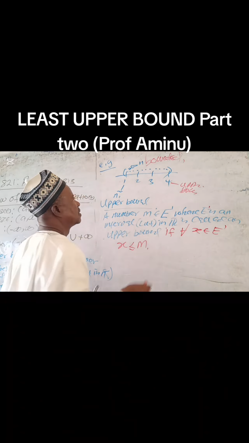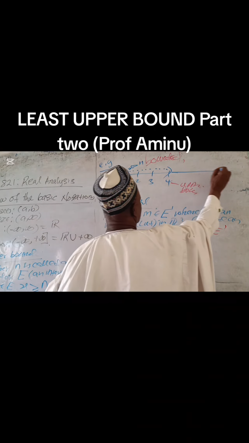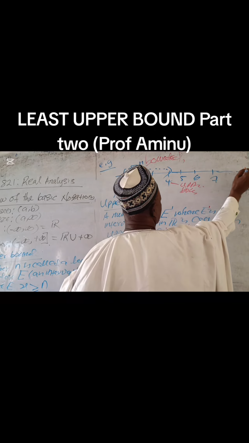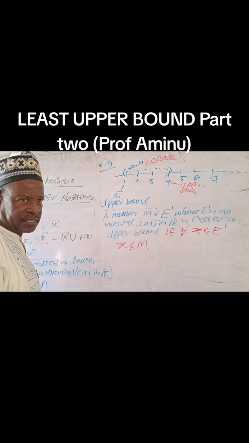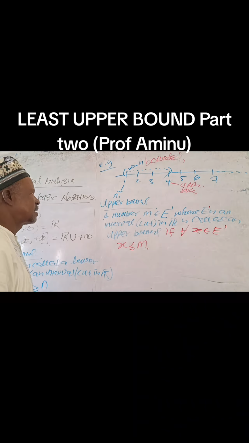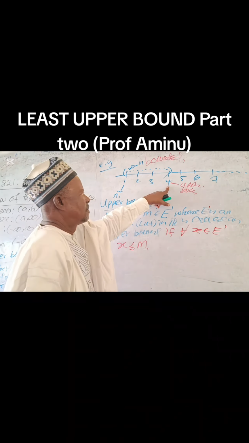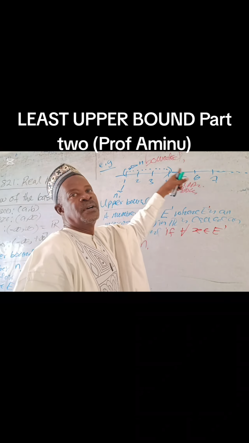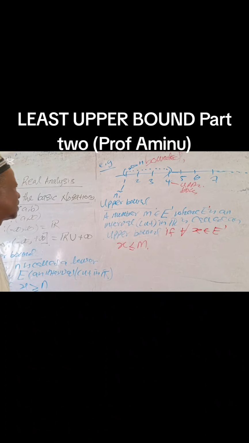Because you realize that in this real line, this one will continue to 5, 6, 7, and so on, up to plus infinity. So that means just like 4 is an upper bound, 5 is also an upper bound, 6 is also an upper bound, and so on. So what is the least one?